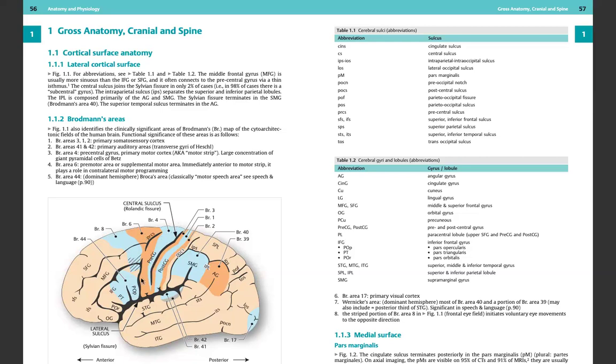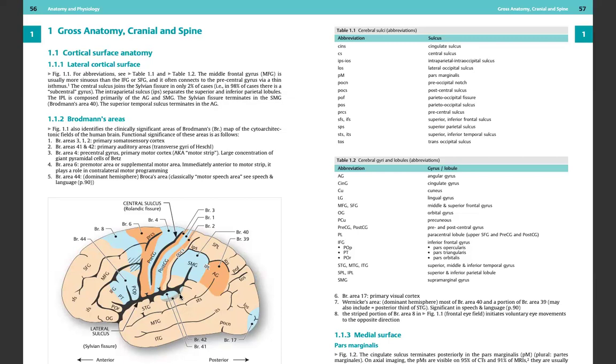Then continuing, in the superior temporal gyrus, we have Brodmann's areas 42 and 41, which are responsible for auditory impulses. So the primary auditory area is located in the transverse gyri of Heschl.